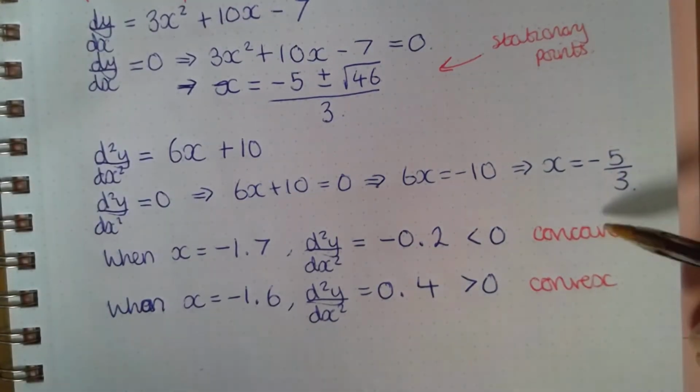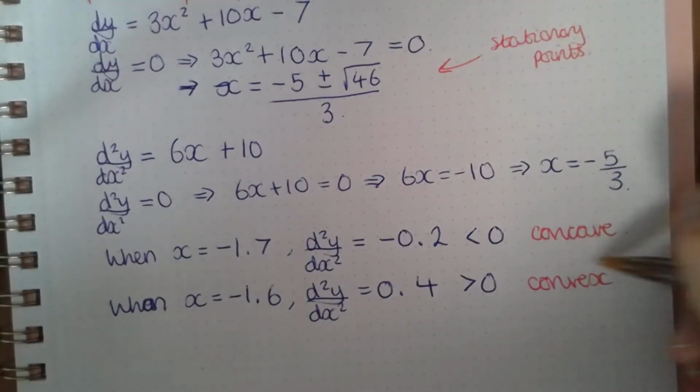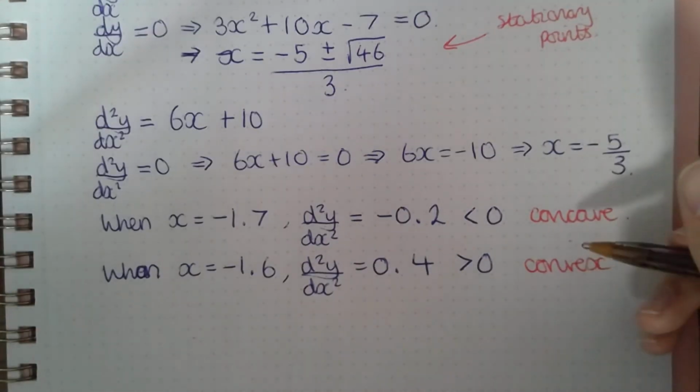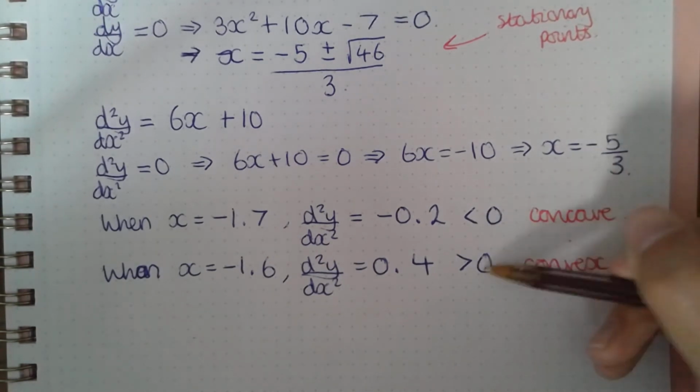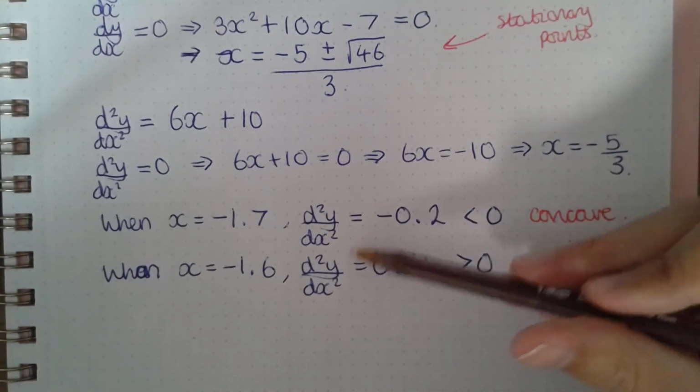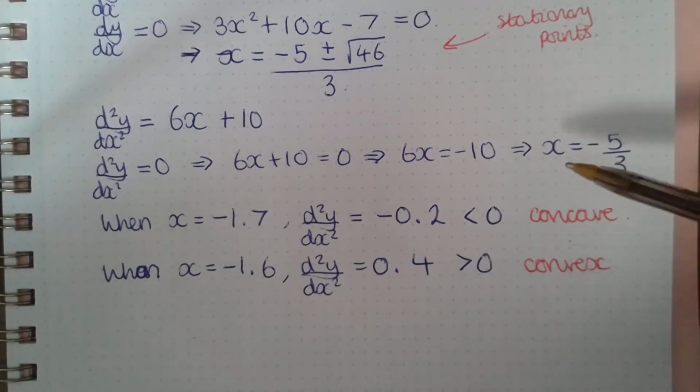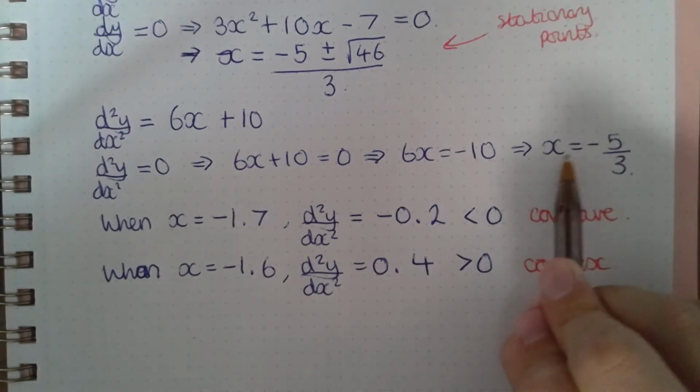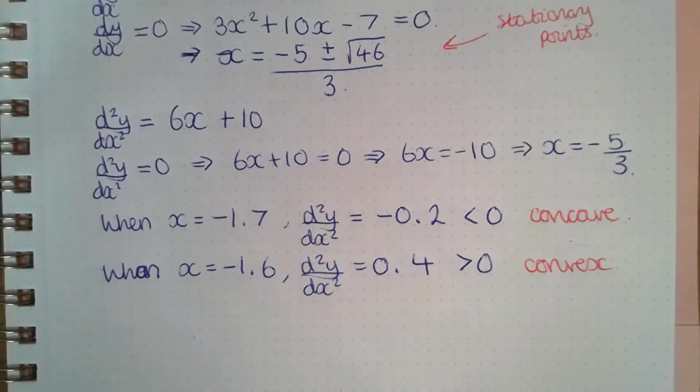So we've gone from concave to convex, so we know that somewhere in between there must be a point of inflection because we've had a sign change of our second differential. So we know for definite there's a point of inflection when x is equal to negative 5/3.